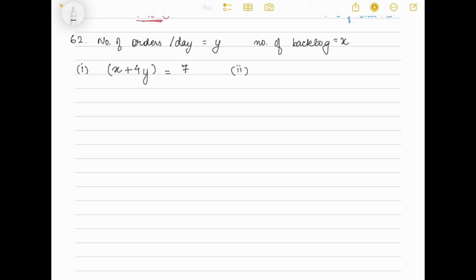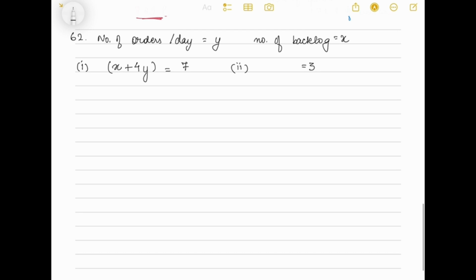Now our second case is, alternatively, if he uses only 3 trucks, then all the orders are cleared at the end of the 10th day. So this is our second equation. And then our third equation: what is the minimum number of trucks required so that there will be no pending orders at the end of the 5th day?